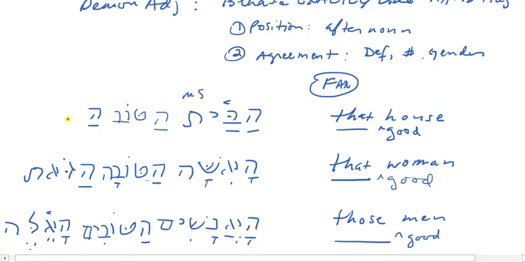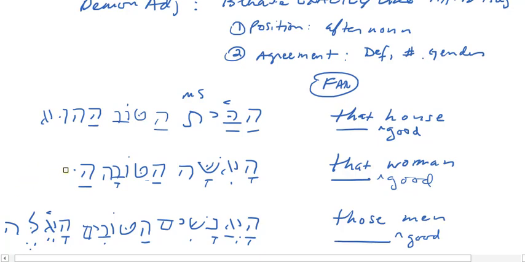This is masculine singular, so I got to use the masculine singular form. And which one is masculine singular? Hahu. Good. So habayit hatov hahu. The house, the good, the that is that good house. What about that good woman? I can't use ha-isha ha-tova ha-zot.